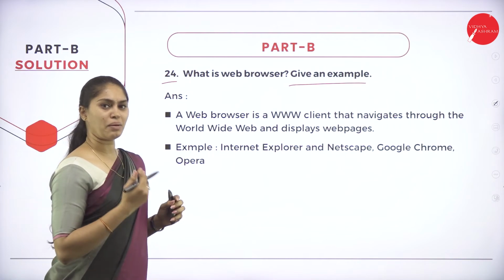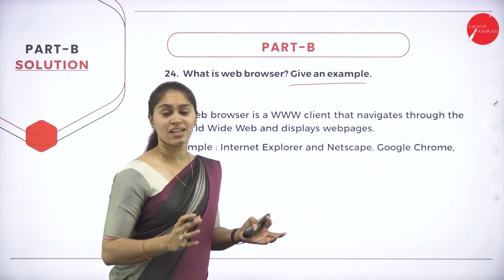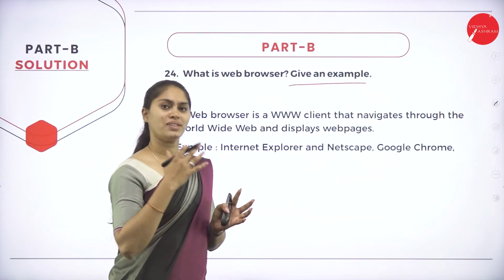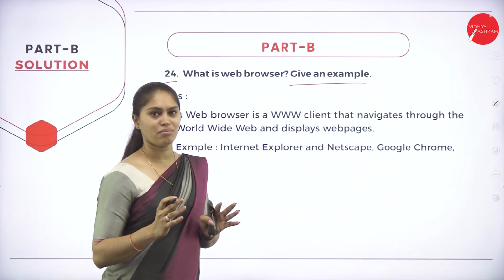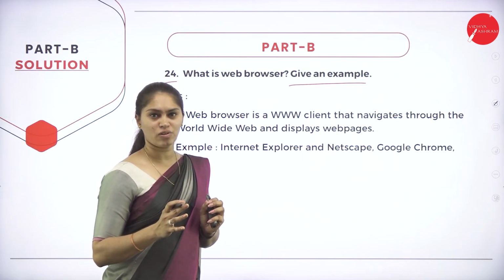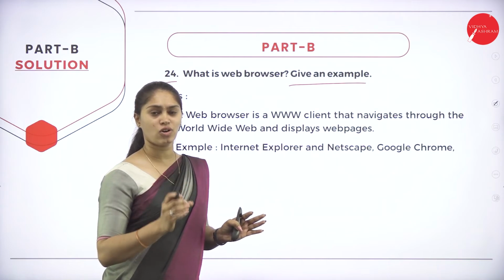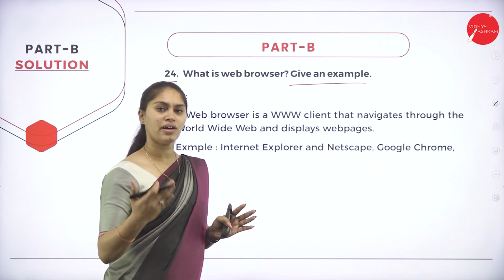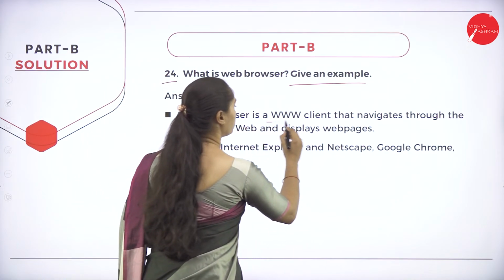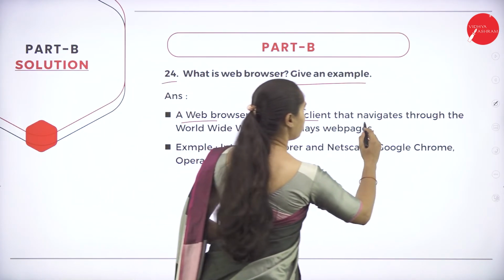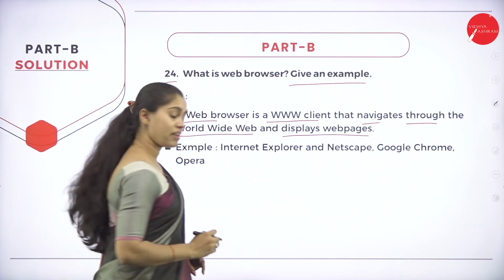So then, what is web browser? As we all know, if I want to access any content over the www or over the internet, then we require a web browser. A browser is nothing but an application software that helps us access the content of www or over the internet. A web browser is a www client that navigates through the World Wide Web and displays web pages.